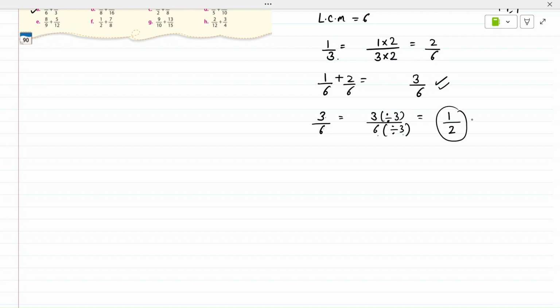Okay, because in the question we were asked to put it in lowest term or mixed fraction, this is the fraction in its lowest term.